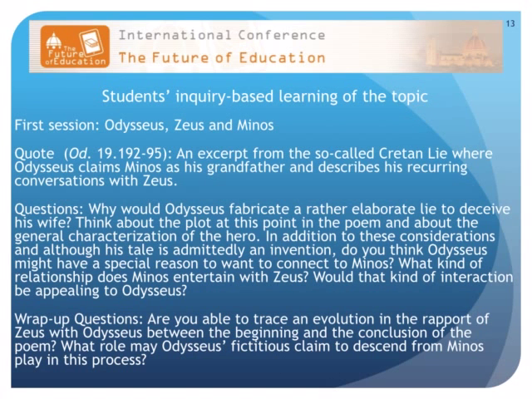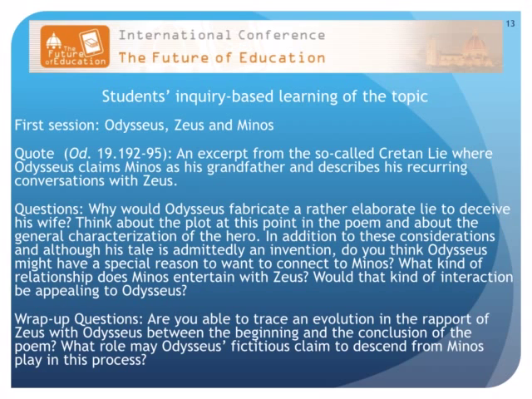The next 2 slides contain an excerpt of the exercise that was assigned to the students. You see the first session focused on Odysseus, Zeus, and Minos. So we have a quote that comes straight from the Odyssey.